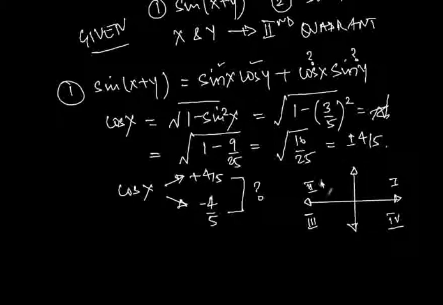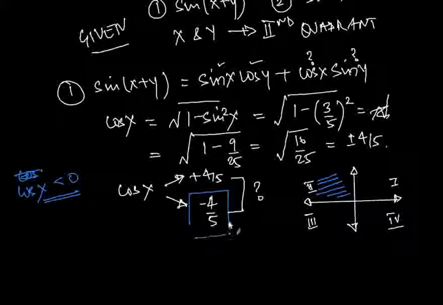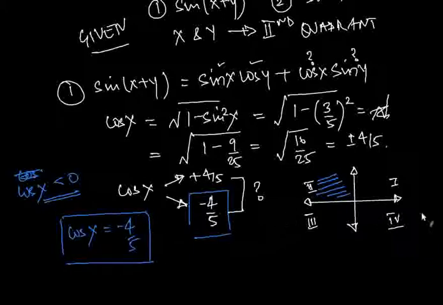And what happens to the value of cos x if x lies in the second quadrant? Cos x is less than 0 in the second quadrant. So of these two values, plus 4 by 5 and minus 4 by 5, the only value that makes sense given that x is in the second quadrant is cos x equal to minus 4 by 5.